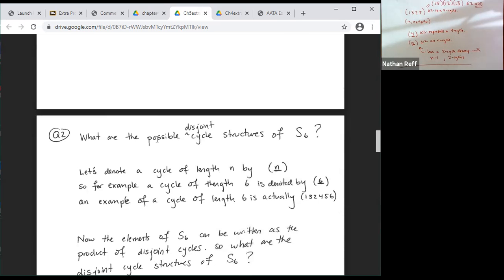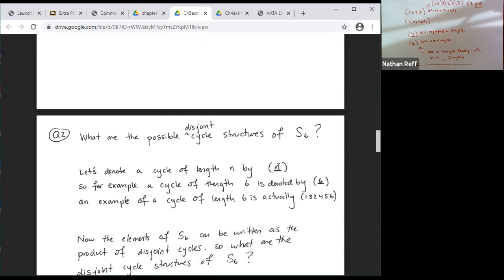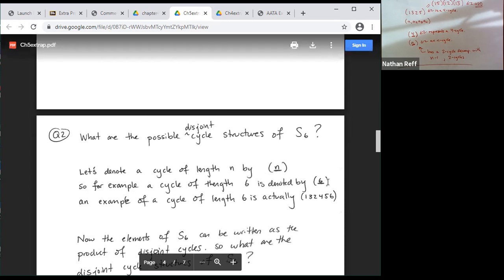But then down here, here's a question. It says, what are the possible disjoint cycle structures of S6? Again, a quick shortcut is, let's denote a cycle of length n by writing n with an underline and parentheses. So a 6 cycle you could denote like this, and an example would be this. But instead of writing out all of the elements, that would take a long time, right?